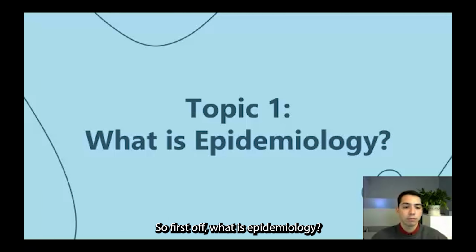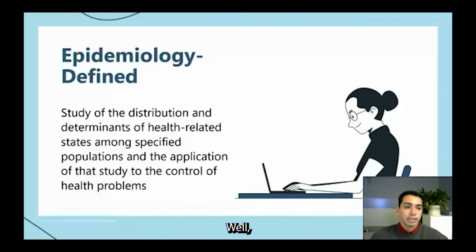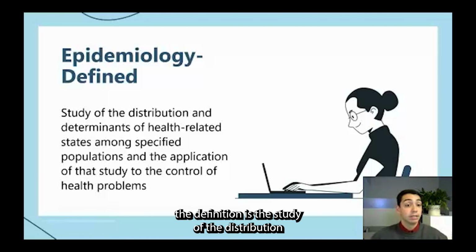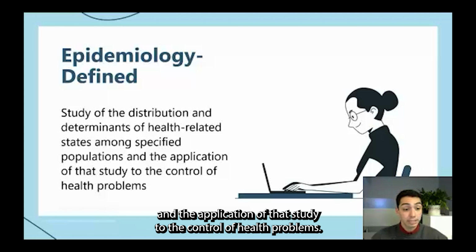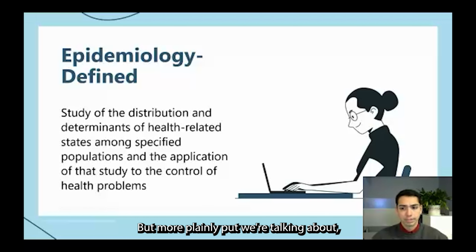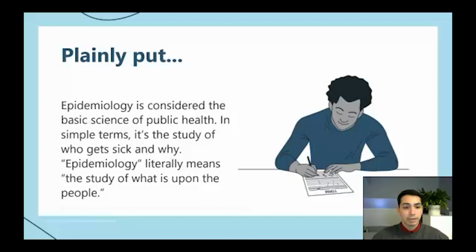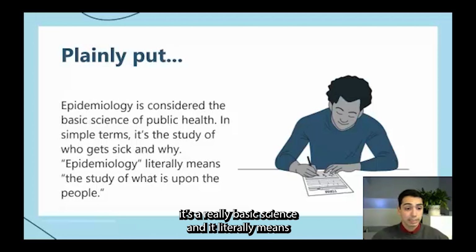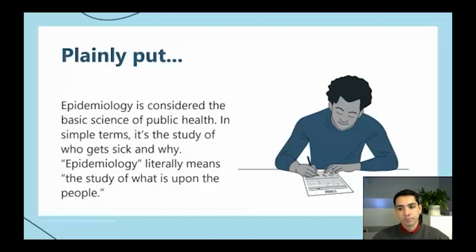So first off, what is epidemiology? Well, the definition is the study of the distribution and determinants of health-related states among specified populations and the application of that study to the control of health problems. But more plainly put, it's a really basic science, and it literally means the study of what is upon the people.